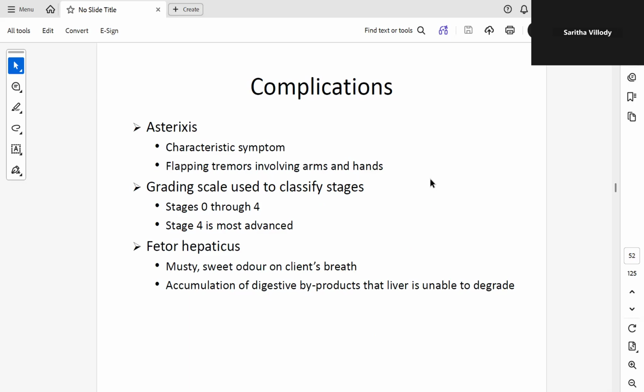But asterixis is flapping tremors. You can see those tremors from a distance, and it's very noticeable. Fetor hepaticus is that ammonia breath as a result of accumulation of byproducts. It causes a particular type of breath called fetor hepaticus or ammonia breath.